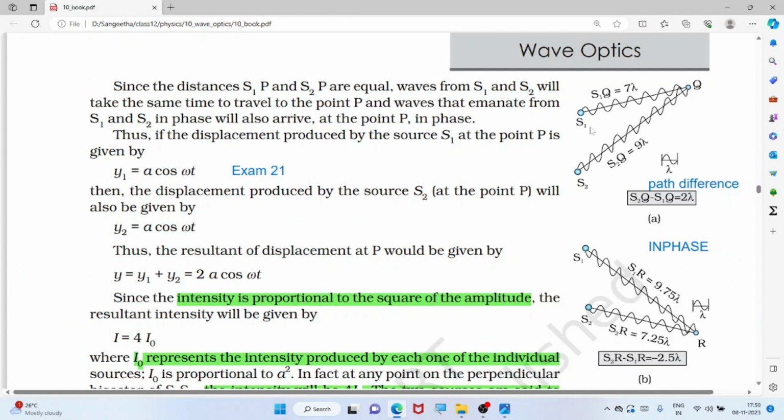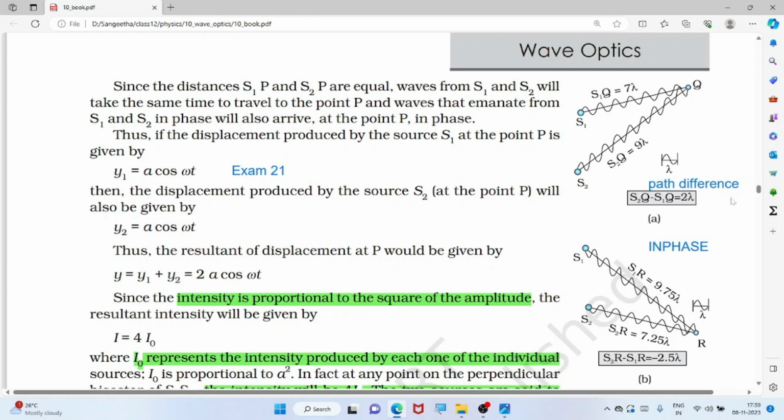Now if you take two light sources, the waves from this light source and this light source meet at this point. If they differ in an exact number of cycles, then the path difference will be in terms of lambda, n lambda, the general form. So the phase difference will be 0 because one cycle is lambda.